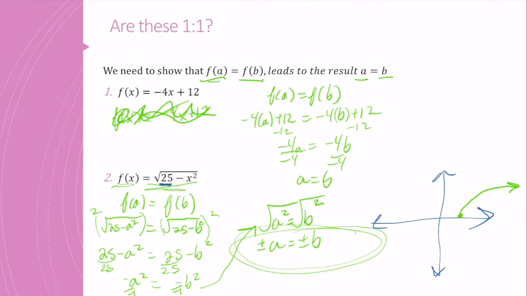Does this pass the vertical line test? Yes. Does this pass the horizontal line test? Yes. So this is one-to-one. I know it was kind of confusing because we've got negative a and negative b, but it's okay, because we could visualize that it does indeed pass the vertical and horizontal line tests.